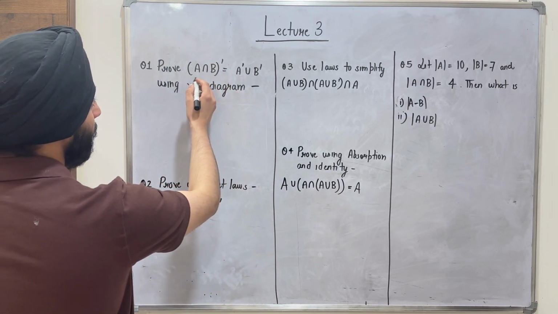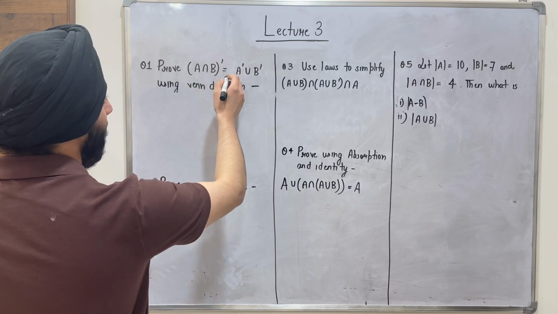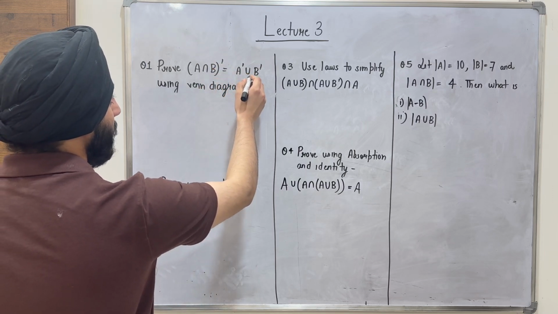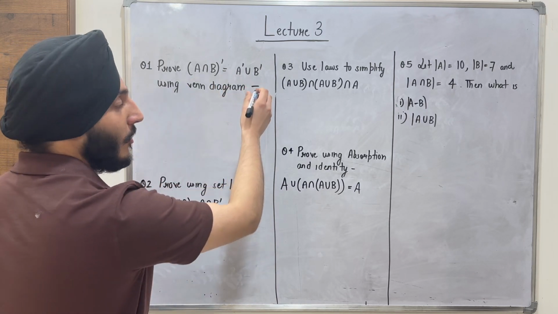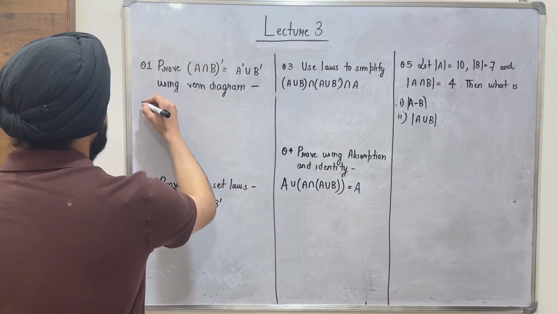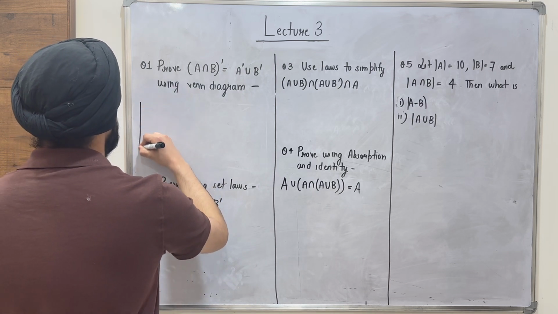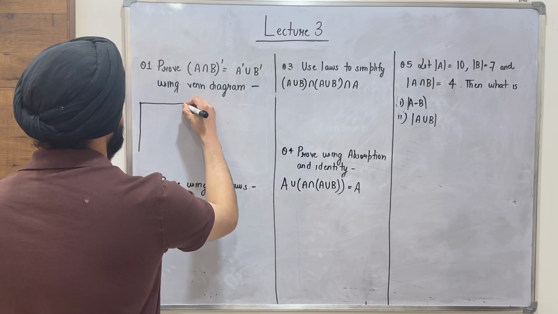I need to prove A intersection B complement is equal to A complement union B complement. If you remember, this is basically the De Morgan's law. So just like I said, I'm going to solve it using a Venn diagram, right?